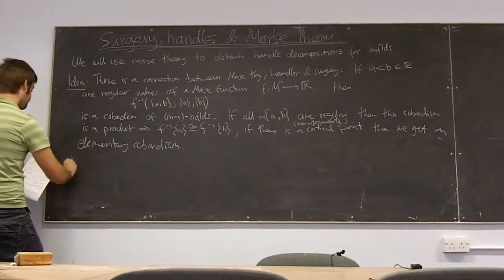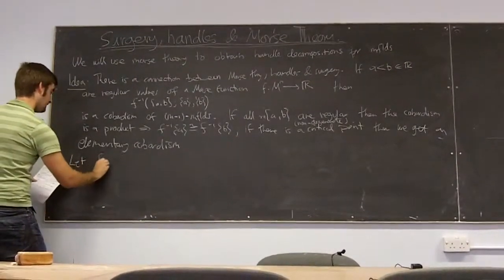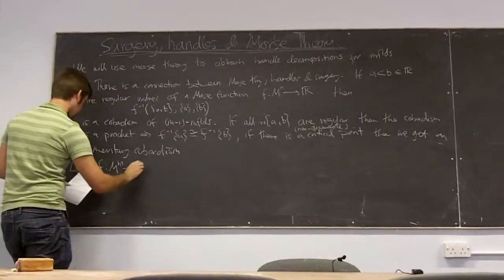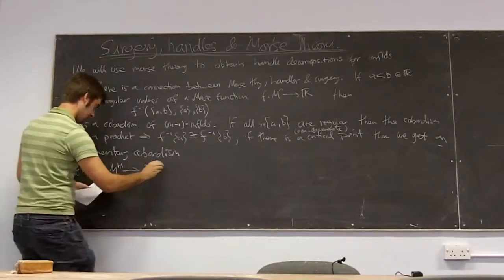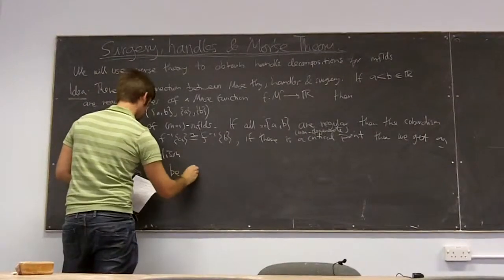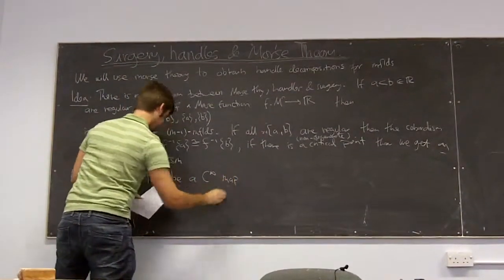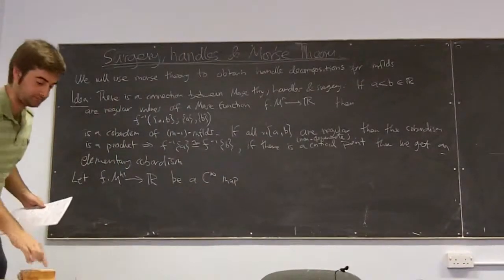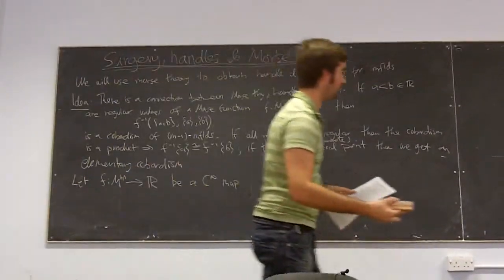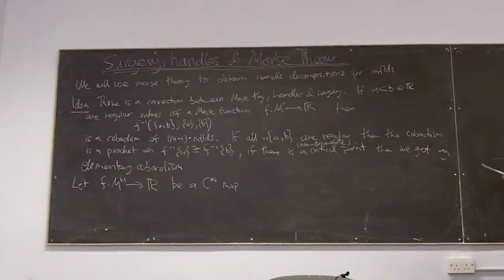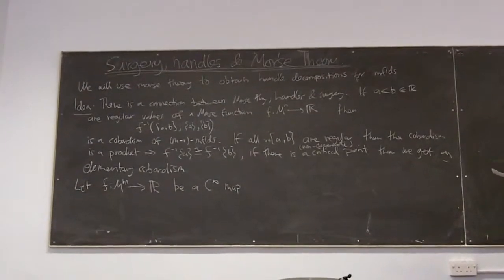So from now on, let f, a map from M to the real line, be C infinity, although strictly speaking, I think C2 is sufficient for most of this to work.